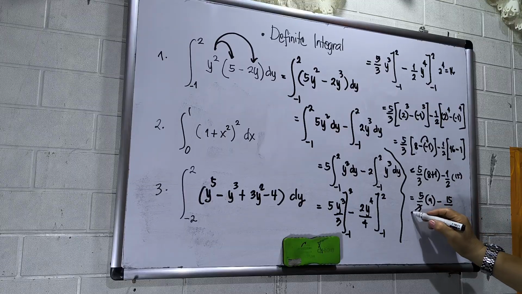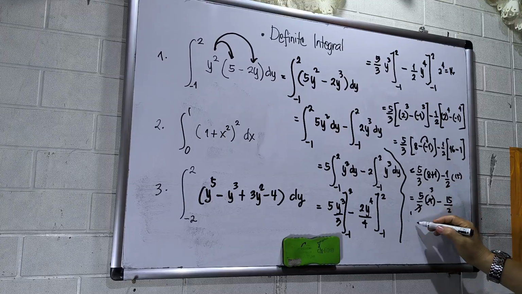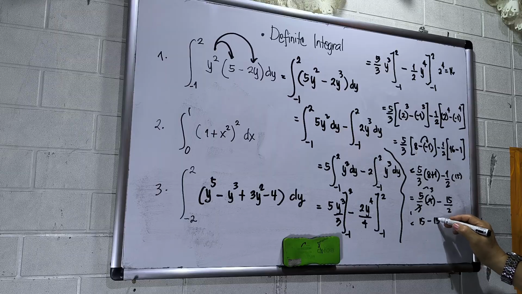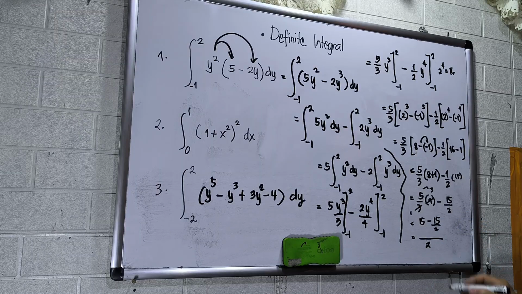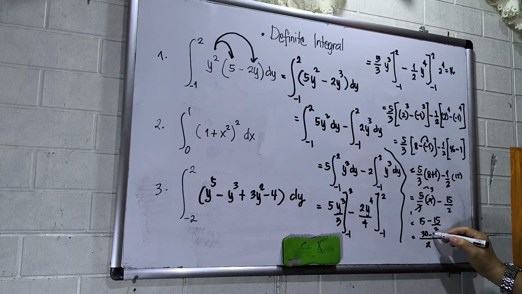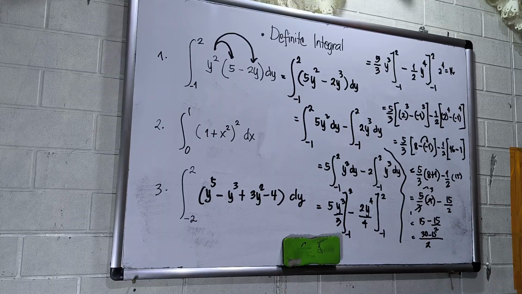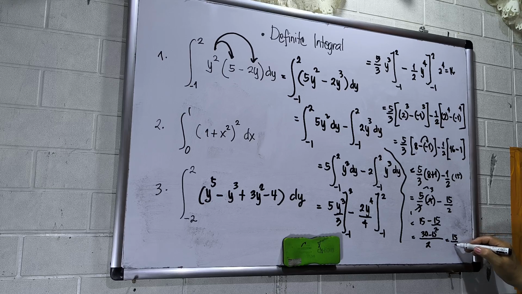Divide by 3, that's 1, and 9 divided by 3 is 3. So 5 times 3 is 15, minus 15 over 2. The LCD will be 2. This will be 30 minus 15, so 30 minus 15 is 15 over 2.